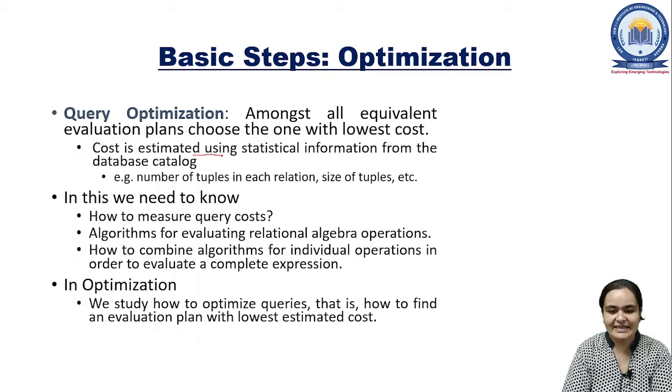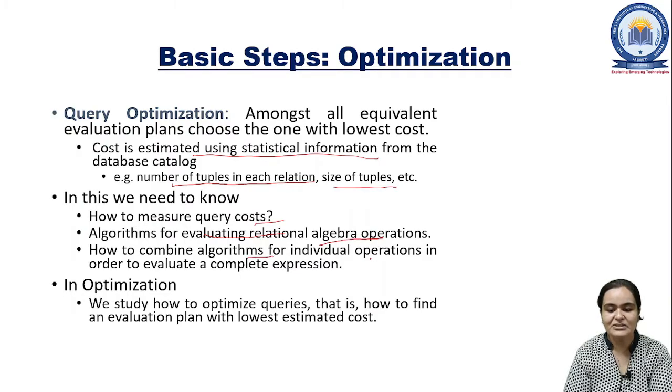The cost is estimated using statistical information from the database catalog itself, for example, the number of tuples in each relation, the size of the tuple, etc. So we need to know how to measure the query cost, algorithms for evaluating relational algebra operations, and how to combine the algorithms for individual operations in order to evaluate the complete expression. In optimization, we study how to find the evaluation plan with the lowest estimated cost.